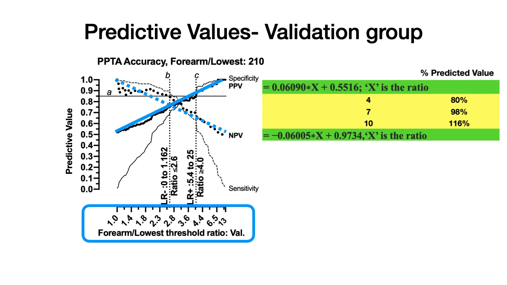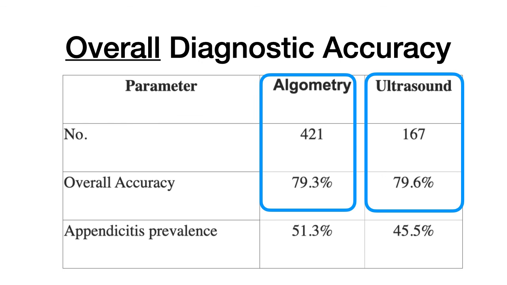Here's a negative predictive linear regression. For example, if we had a ratio of 1, way on the left side of that horizontal scale, it would be a negative predictive value for appendicitis of 91. 4 would give us 73, and 8 would give us only 49%. Our overall diagnostic accuracy in algometry was 79%. Our ultrasound was 79%.